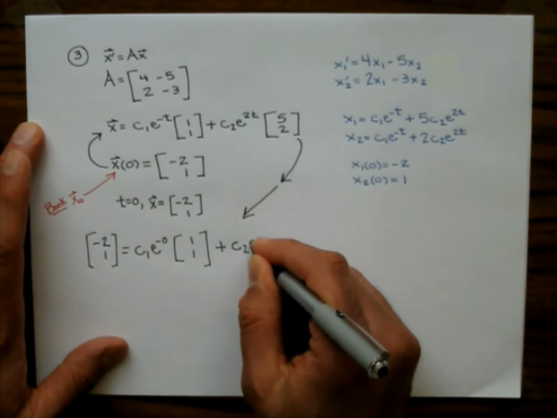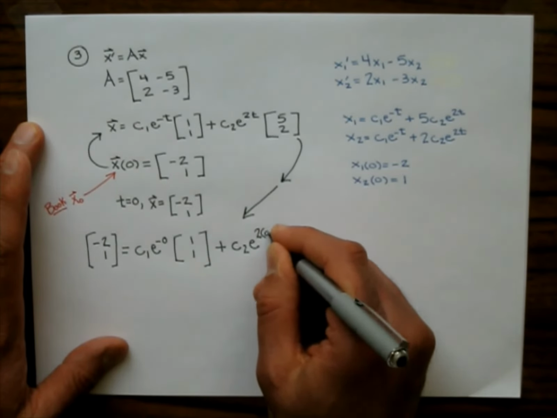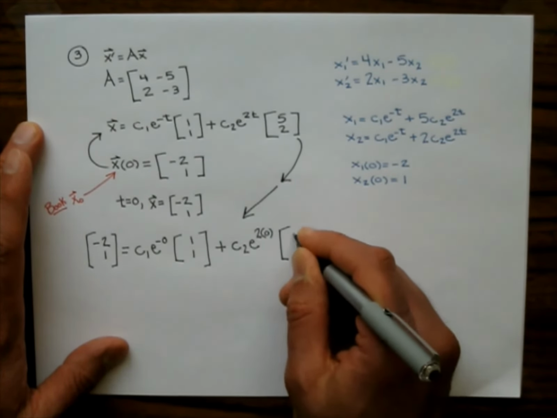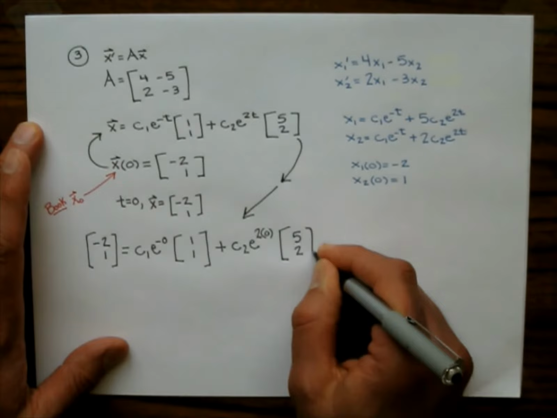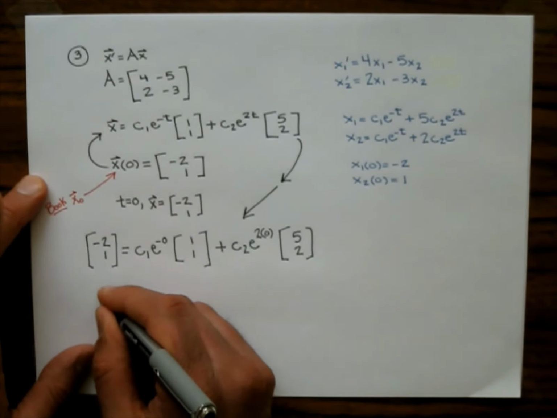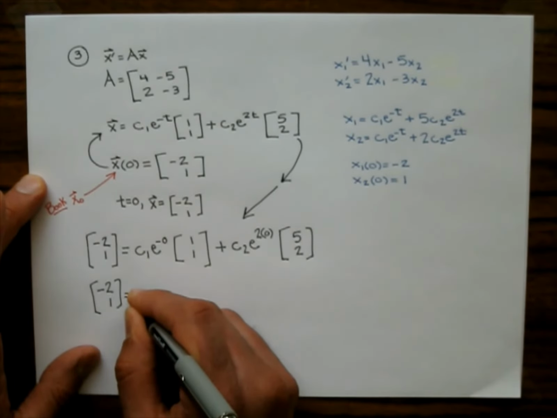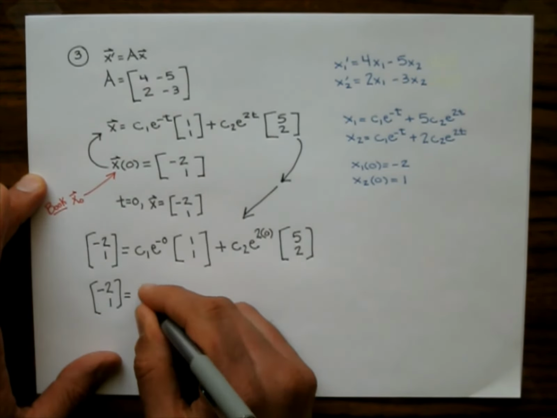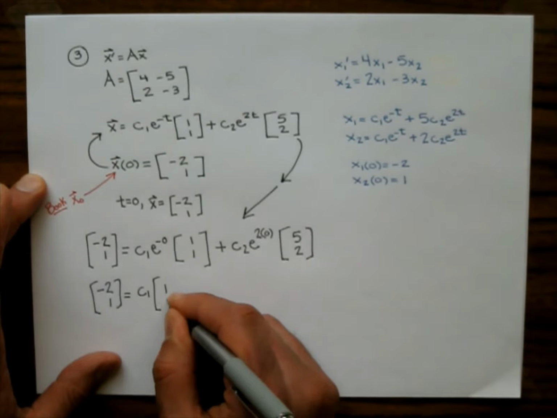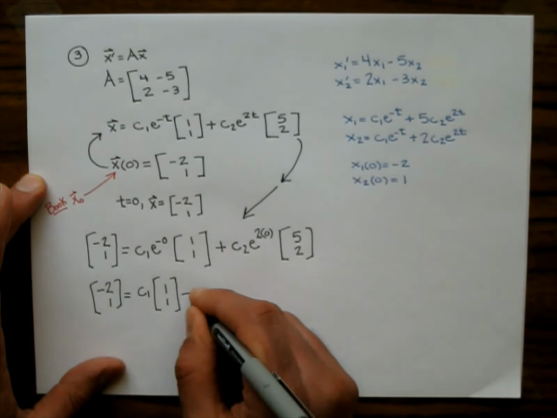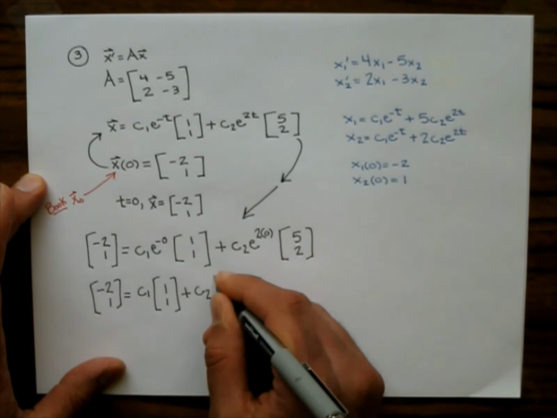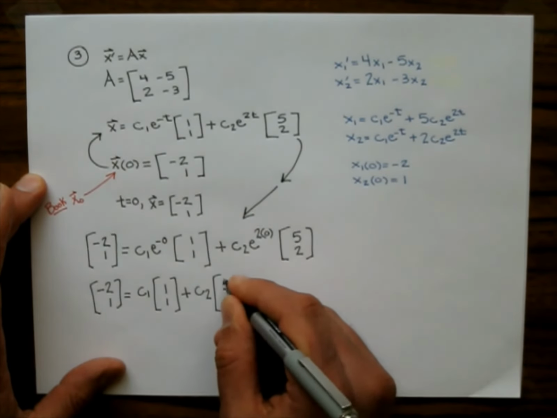Plus C2 e to the 2 times 0, 5, 2. Okay, this is -2, 1 equals, well, this is just C1 times 1, 1 plus C2 times vector 5, 2.